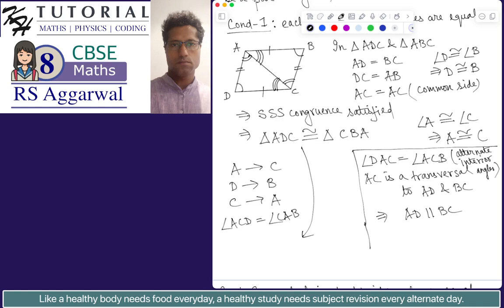Since vertex C is mapped to vertex A, these two angles are equal.